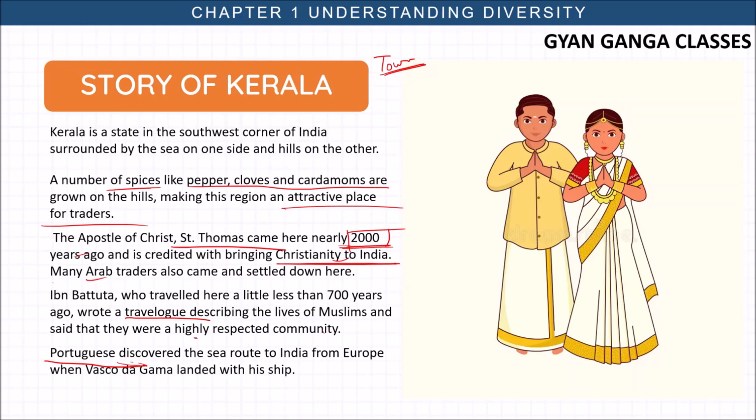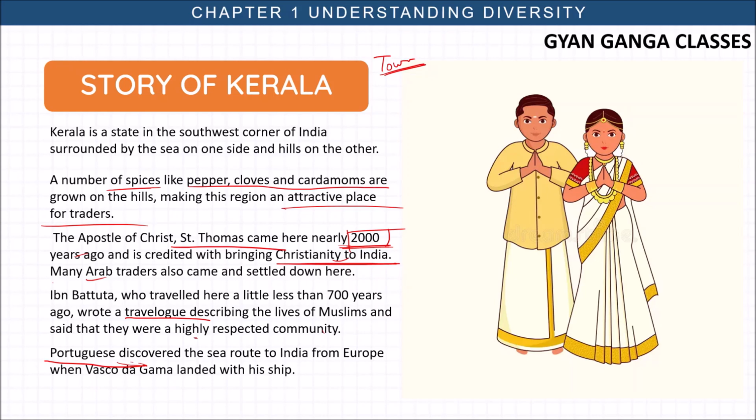So, this way, the different cultures came in and just developed the diversity over there. The natural beauty and the geographical structures also just developed Kerala.